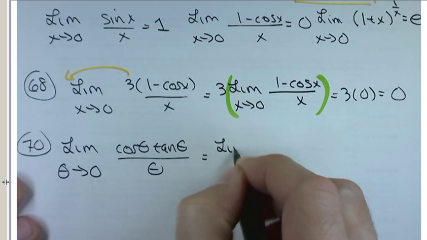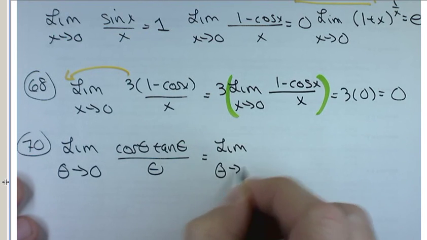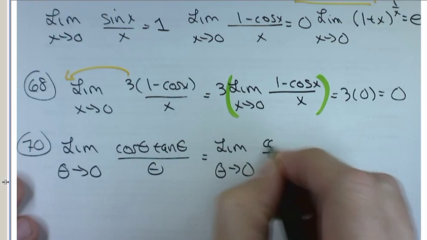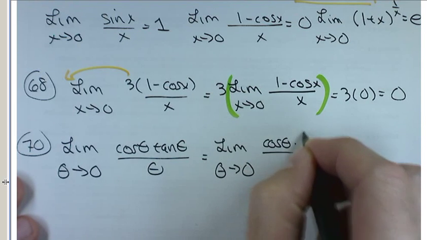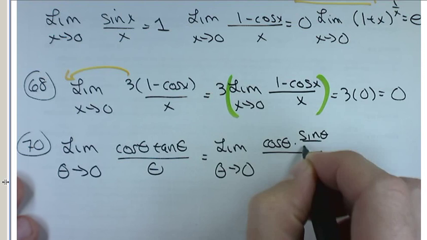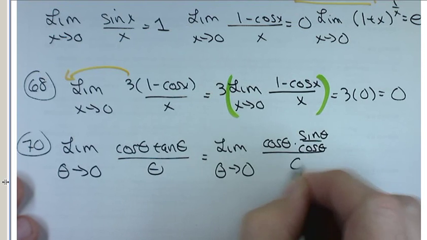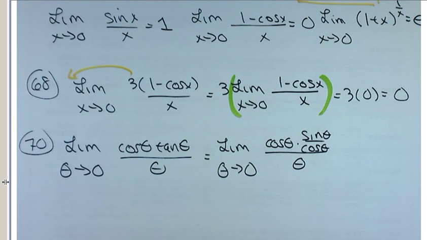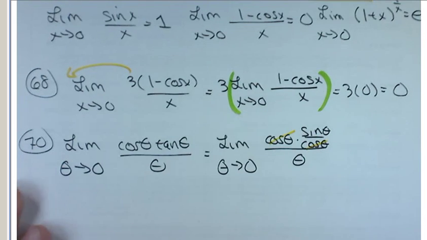This is the limit as theta approaches 0 of the cosine of theta times the sine of theta over the cosine of theta, divided by theta. And the nice thing is that the cosines cancel each other out.